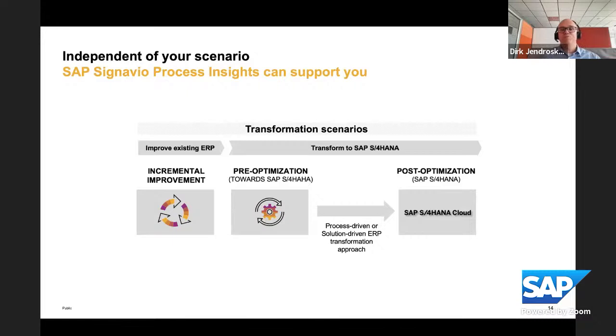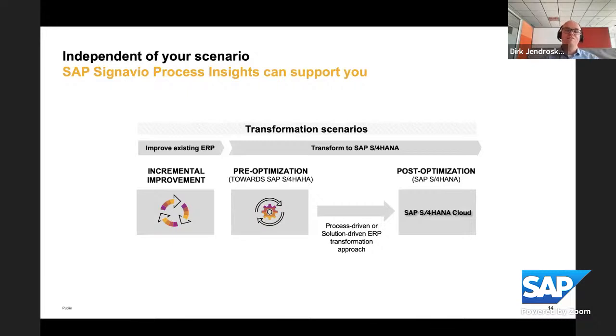It can also help you when you're planning to move to S/4HANA, because here it can help you prepare this step towards S/4HANA. Think about, for example, master data issues that you might have in the system. Cleaning up before you move is most of the time a very good idea. Process Insights can help you identify them.